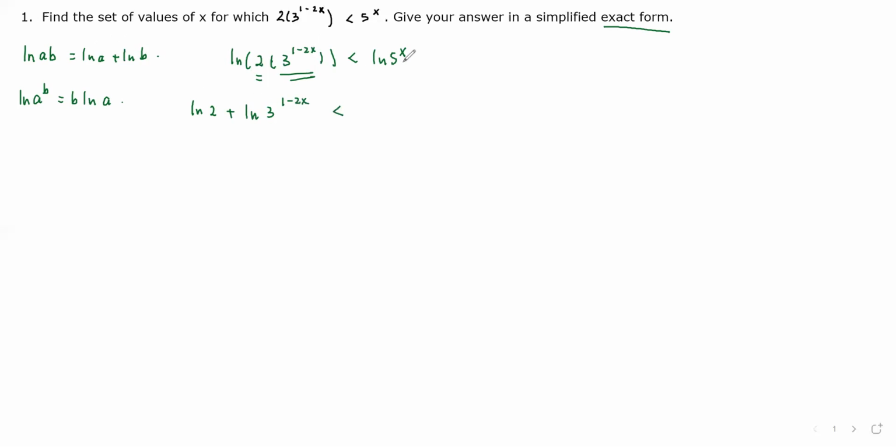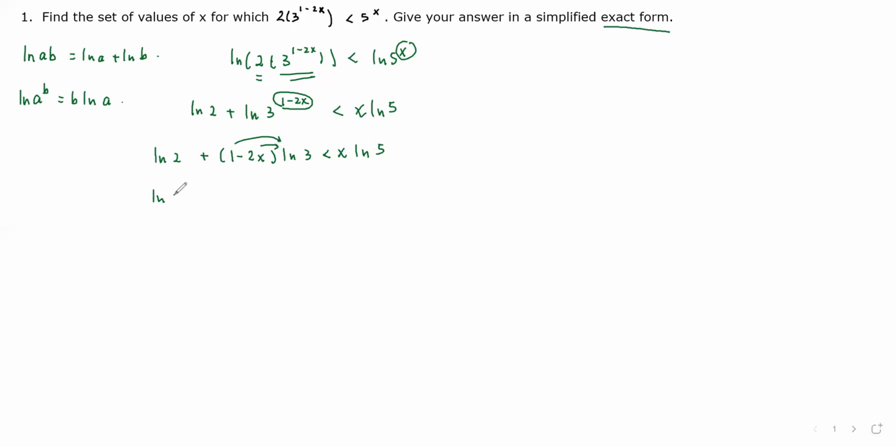On the right side, we apply the power law and bring the exponent down: x ln 5. Now, on the left side, we need to bring the exponent 1 minus 2x down, so we apply the power law. We have ln 2 plus 1 minus 2x ln 3 less than x ln 5.